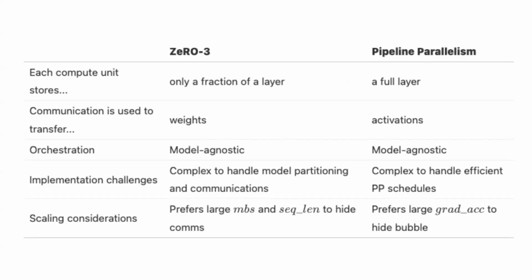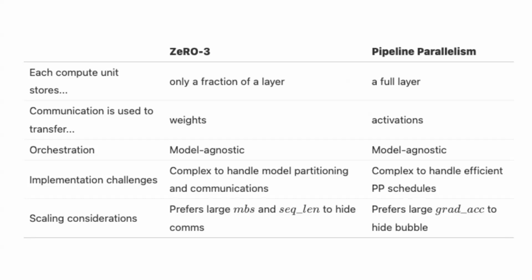In ZeRO-3, we send over weights from one GPU to another, meaning that each one of the GPUs processes its own data, and it's different data on each.